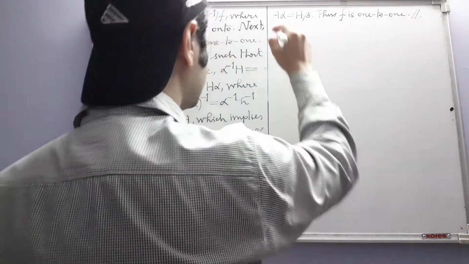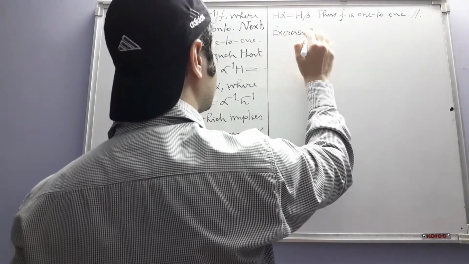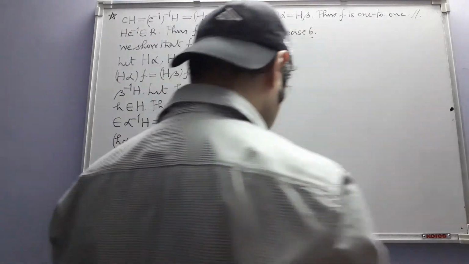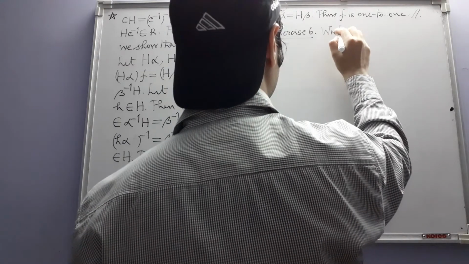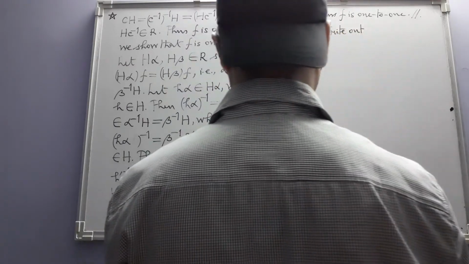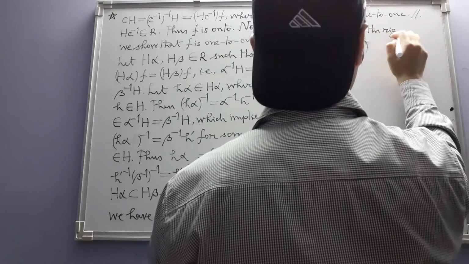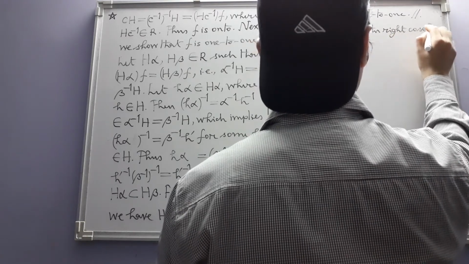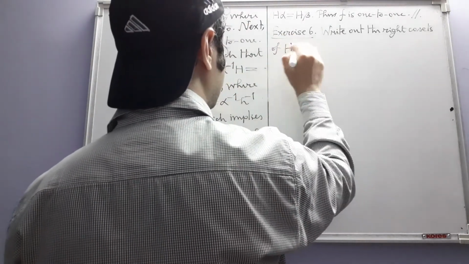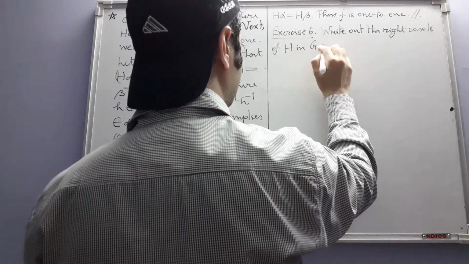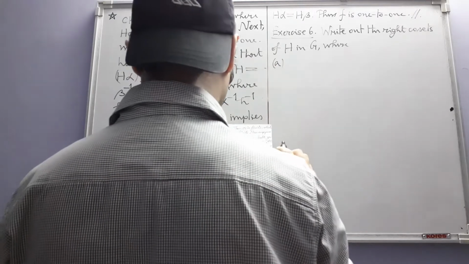Okay, next exercise 6. Write out the right cosets of H in G. Where there are subdivisions.